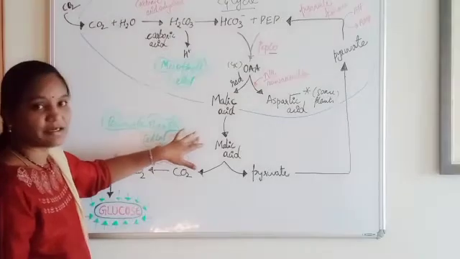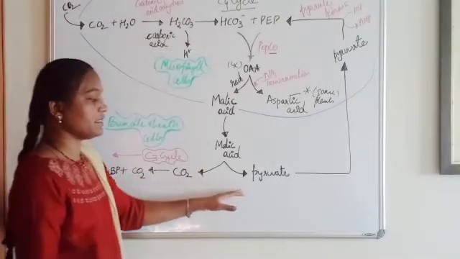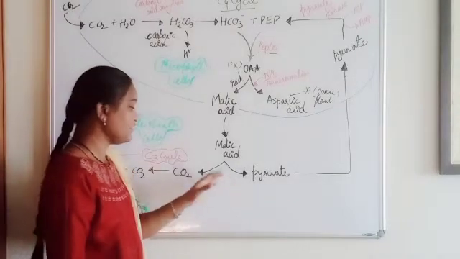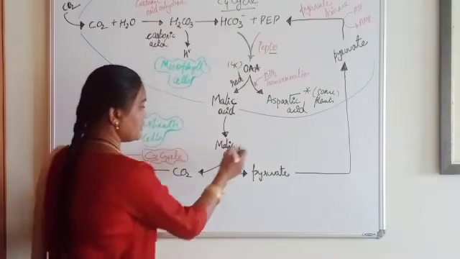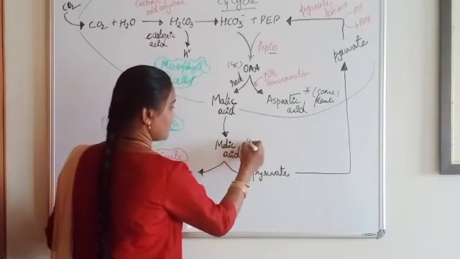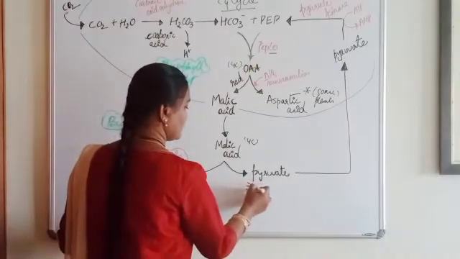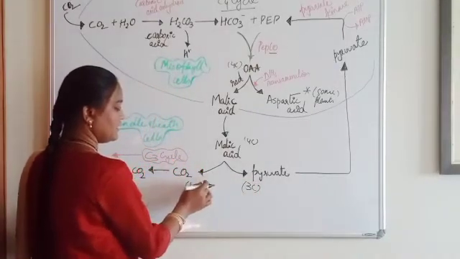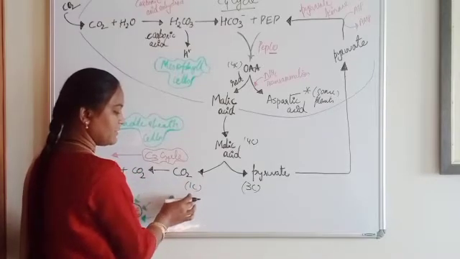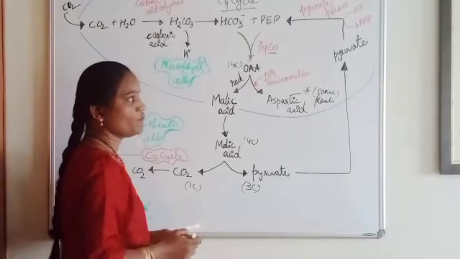In the bundle sheath cells, the malic acid will again convert into pyruvate. This is a 4 carbon containing compound, which splits into 1 carbon dioxide molecule and a 3 carbon pyruvate.